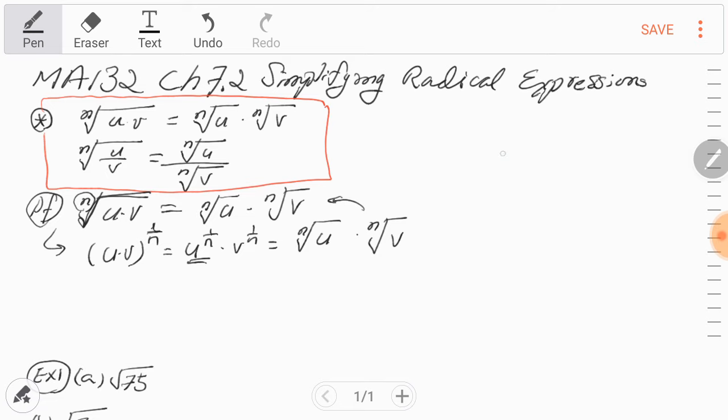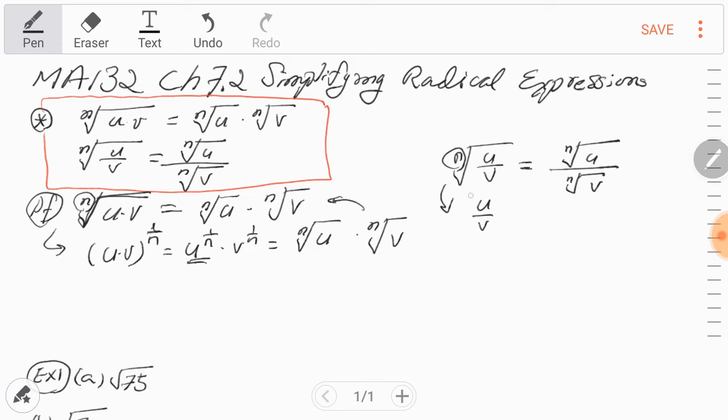How about the second one? The nth root of, where the radicand is a fraction, a quotient. Then you can separate the numerator and the denominator with the same index n, so nth root of u over nth root of v. Let's prove this one again using the same method. Put the index in the denominator of the exponent.